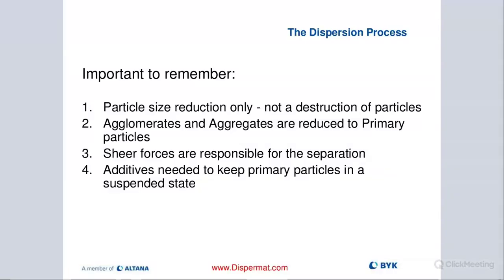And then really the shear forces are responsible for that separation of our pigments. And additives obviously are critical to keep those primary particles in a suspended state so they don't flocculate back together, and then we have to start all over again.